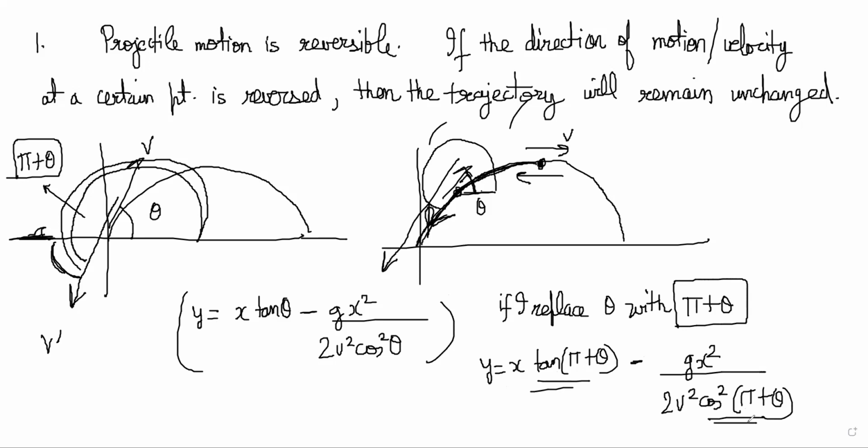And cos of pi plus theta will become negative cos theta, but the square is still positive. So you realize that replacing theta with pi plus theta does not change the equation of the trajectory. And that's why you can say that projectile motion is always reversible. So if a body's velocity is suddenly reversed, the particle will retrace the path back to the same point.